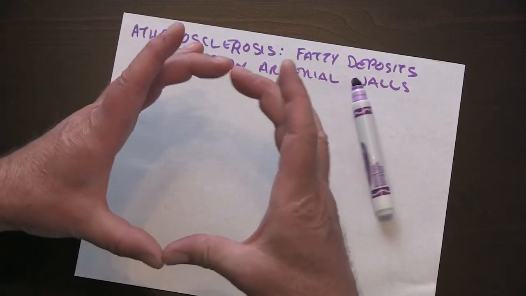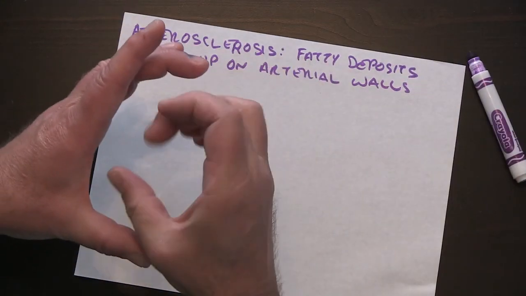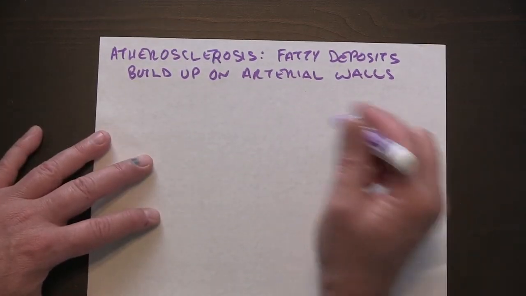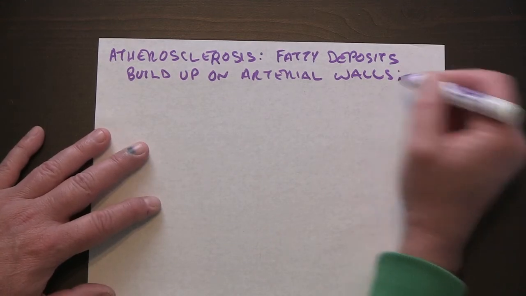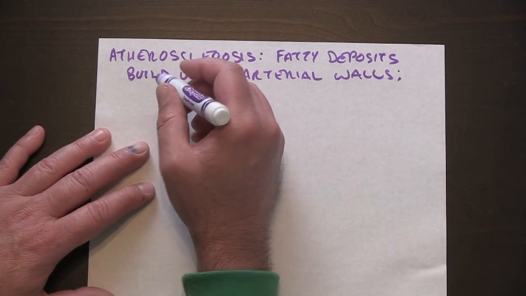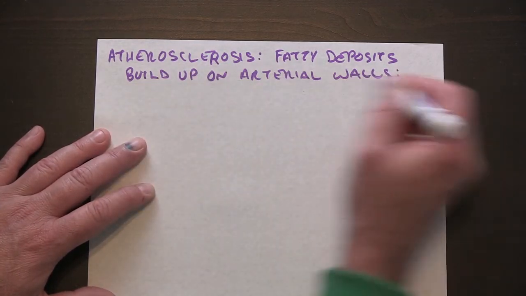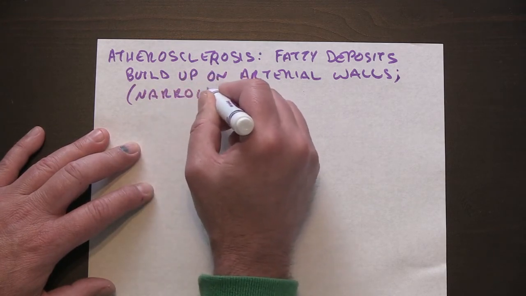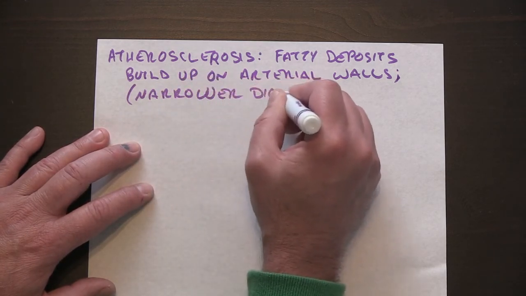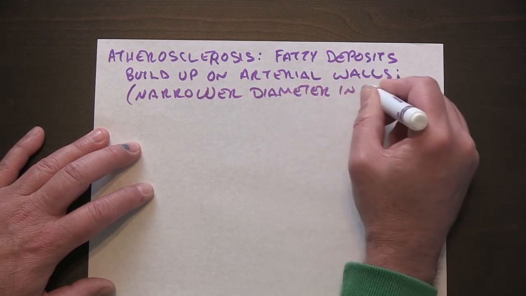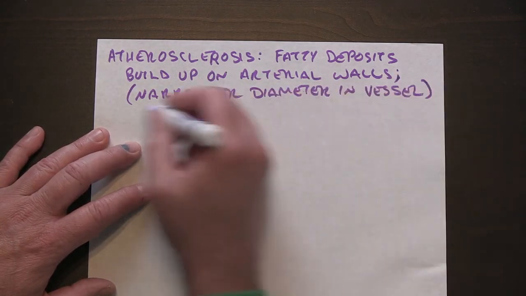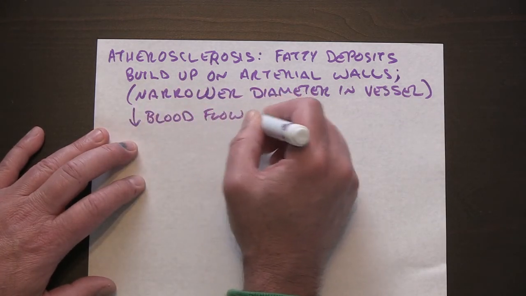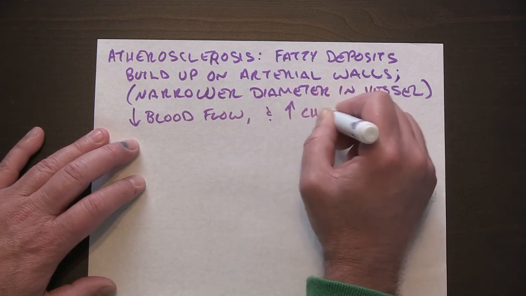So of course, if you have a diameter of something that should allow a lot of blood to go through, and then all of a sudden you shrink that diameter, well, now blood's going to have a little bit of trouble getting through there. So this slows blood flow. You get a narrower diameter in the vessel, which should be kind of obvious, hopefully, and it decreases the blood flow for one, and increases the chances of a blockage.